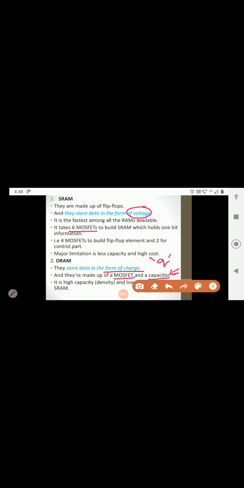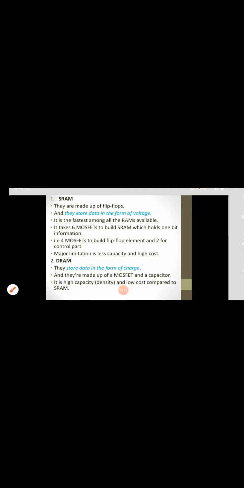And it is high capacity, that is, the density is more here compared to SRAM. You can see SRAM has less capacity, while DRAM has high capacity or high density and low cost compared to SRAM. Because of the high capacity, the cost of DRAM is less compared to SRAM.